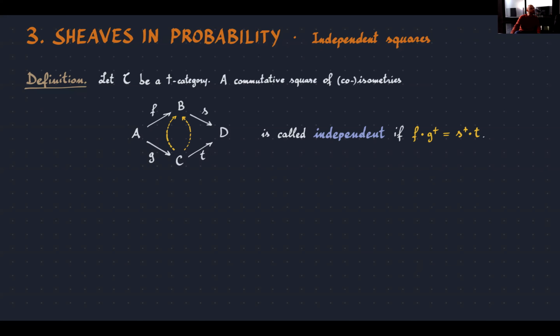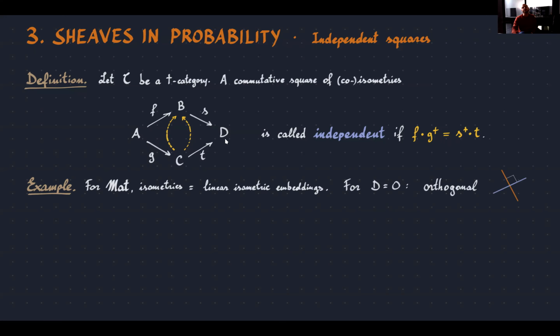So if you're wondering, does this give you something like monadic descent? Well, maybe, I don't know. It's part of what I want to ask. But okay, so what does this give you? For matrices, isometries, so if you reverse arrows, are going to be isometric embeddings of spaces. And this condition, if d equals 0, is more like a product instead of a pullback.